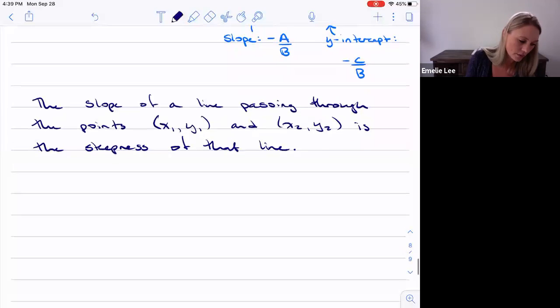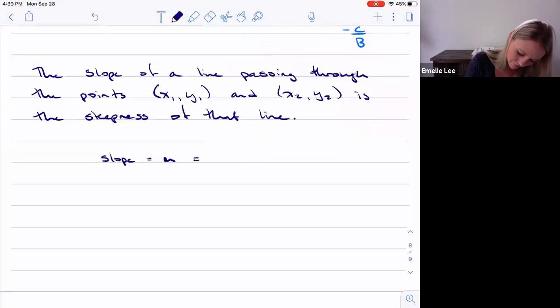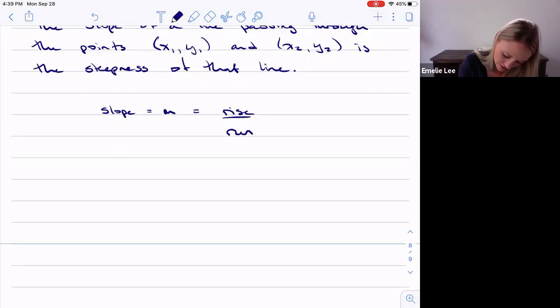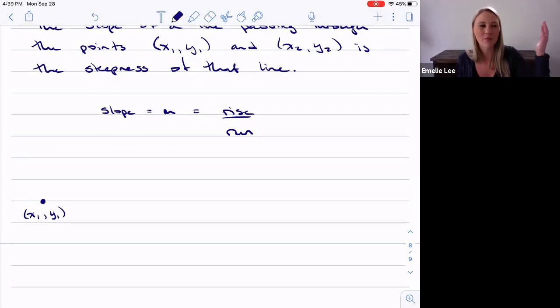Okay. So we'll use m for the slope. The slope is m, which is just rise over run. If I convert this in terms of x1, y1, x2, y2, what I'll do is draw a quick line here. x1, y1 is a point, and just to make things easier, I'm going to use a positive slope.